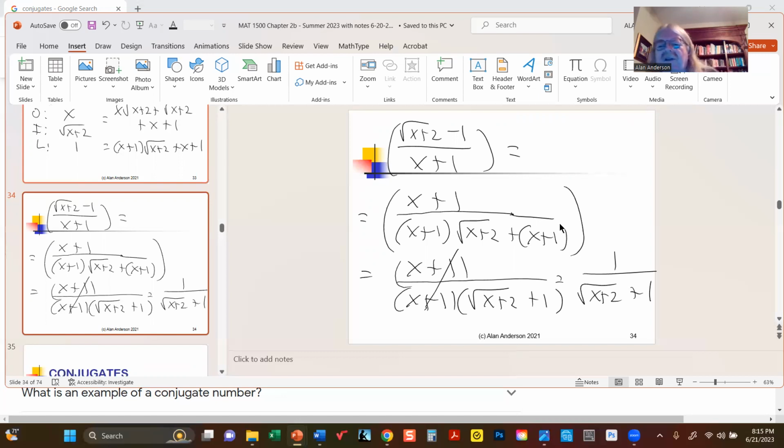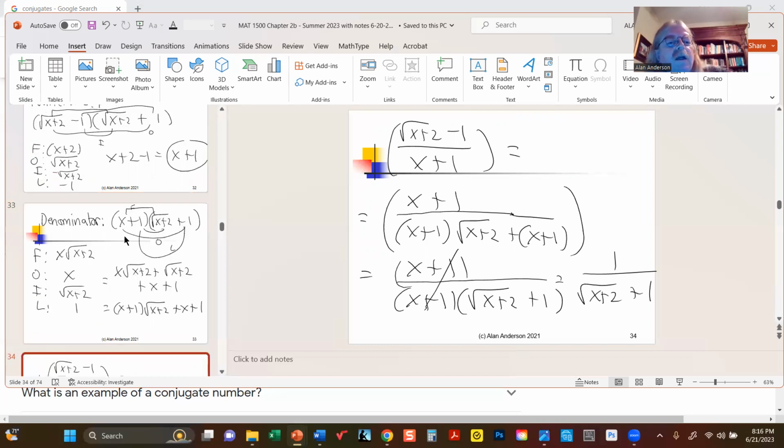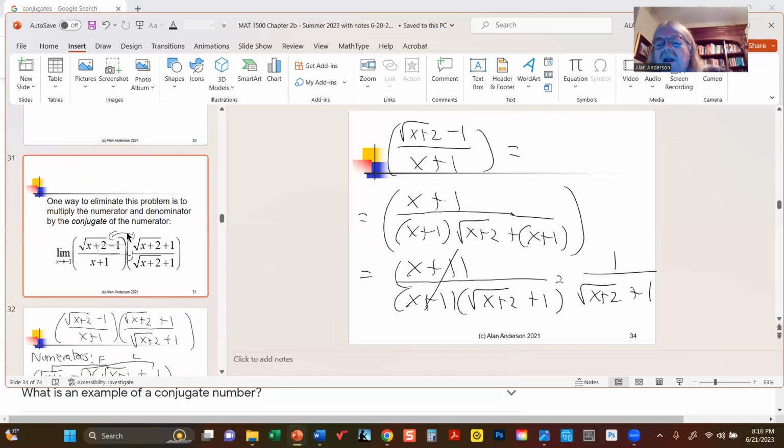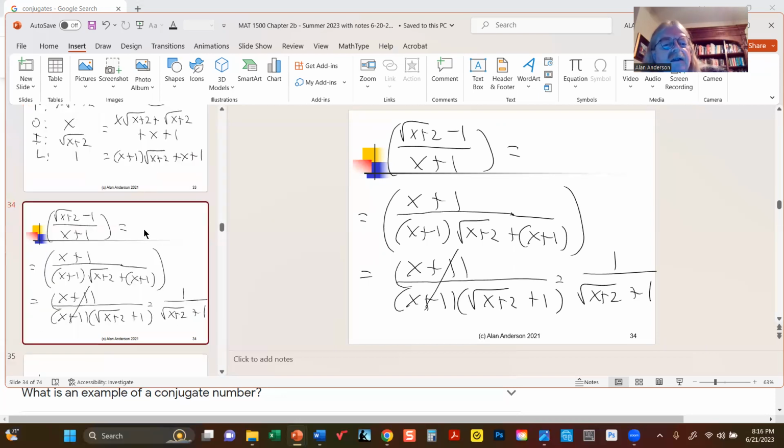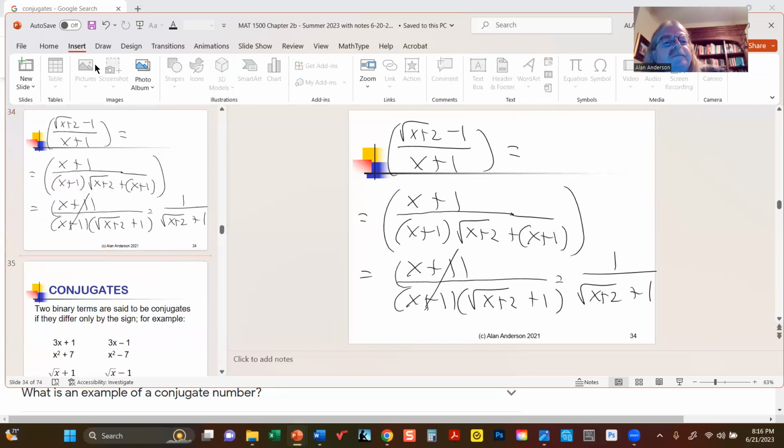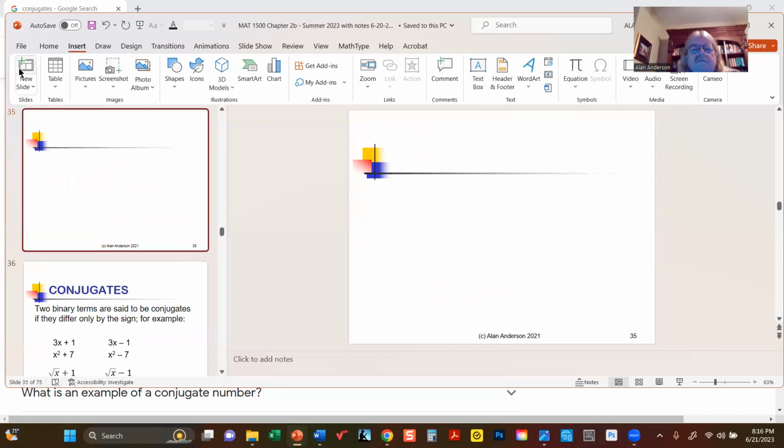So now we're getting somewhere, because remember, we're still trying to take the limit as x approaches -1, and all of a sudden our problems disappear, because when we take this limit, we're going to end up with direct substitution.